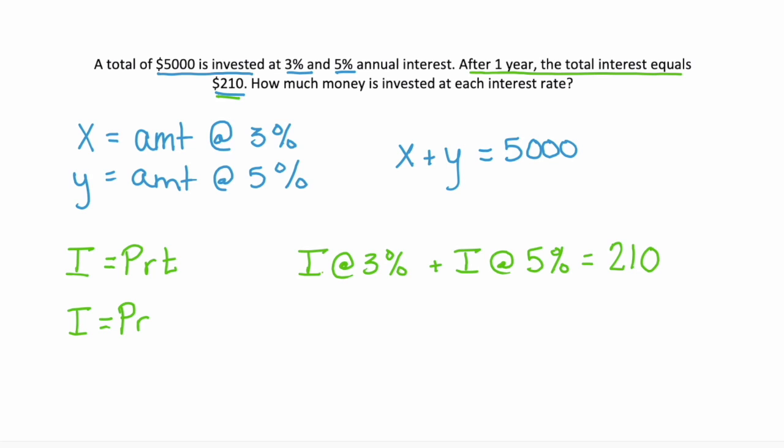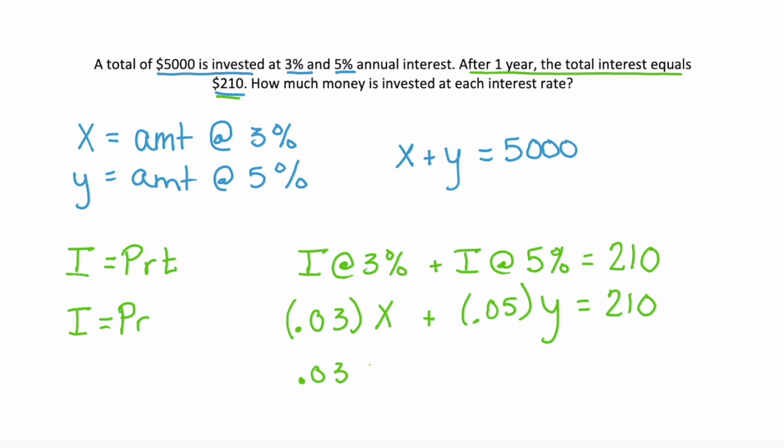So the interest earned at 3% is going to be 0.03 for that interest rate times X, which is the amount that we invest at 3%. And likewise for the 5%, our interest rate is 0.05 and Y is the amount that we invested. So our second equation is simplified as 0.03x plus 0.05y equals 210.